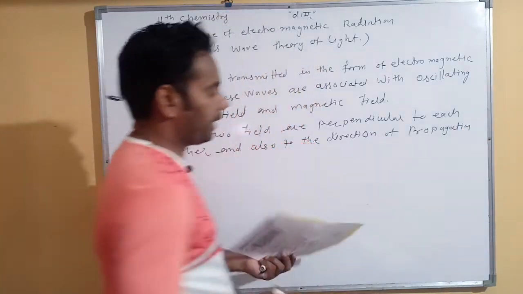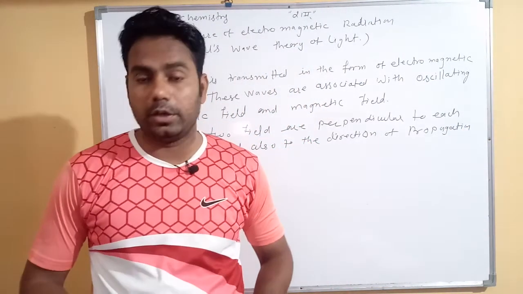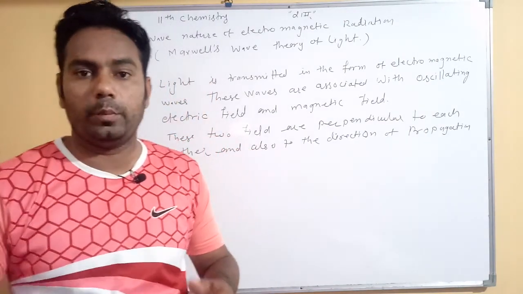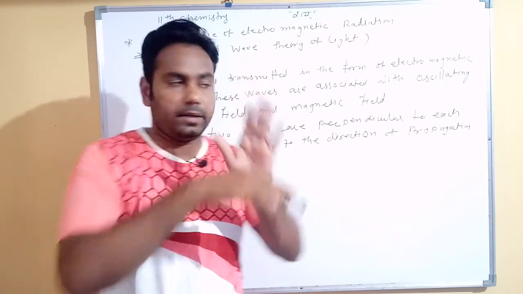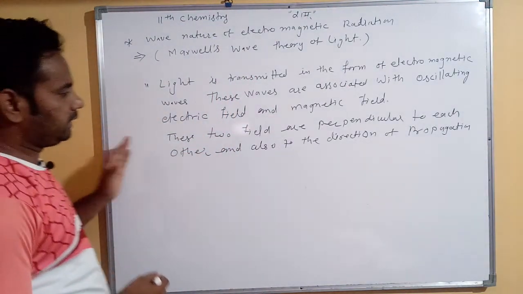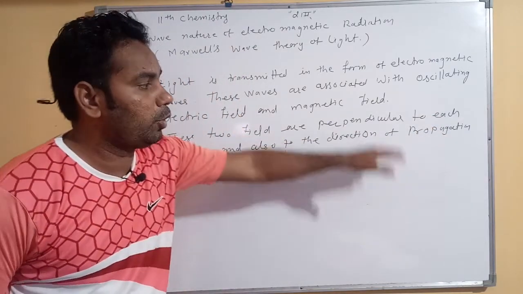It means electromagnetic radiation are present in perpendicular to each other. Perpendicular, you know meaning it's the difference between 90 angle. Clear? So these two fields are perpendicular to each other and also the direction of propagation.